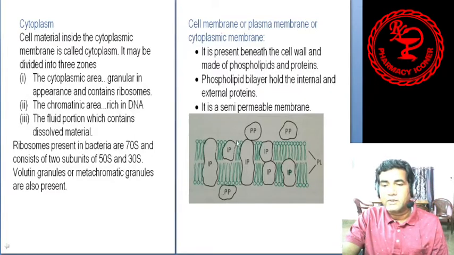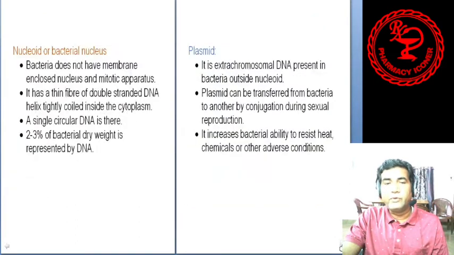It allows the molecules required inside the cell to pass through the cell membrane, but undesired, toxic things will not enter. So that is the cytoplasmic membrane. What is its function? It gives the bacteria a shape, holds the material, and restricts the entry and exit of chemicals.